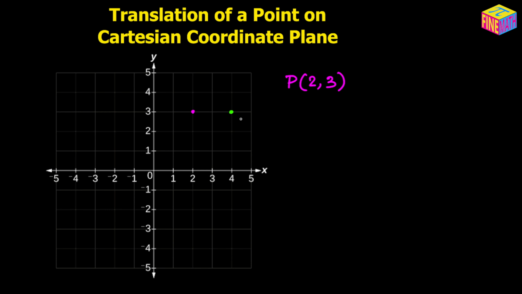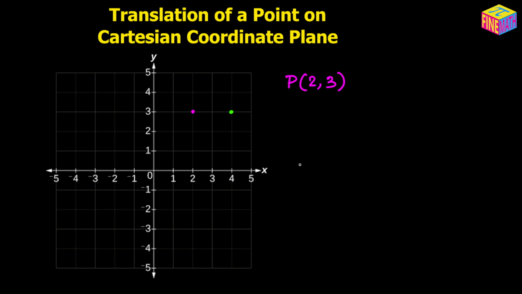Because I am moving it to the right, which is along the positive x-axis, the x coordinate will increase, but the y coordinate will not change. The new coordinate will be 4, 3. Our original location was 2, 3. Now it will be 4, 3 because I am moving it by 2 units to the right.